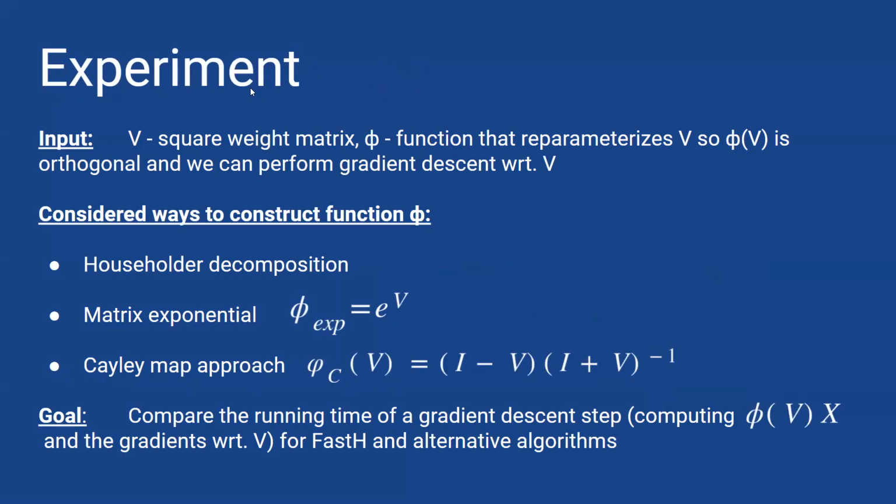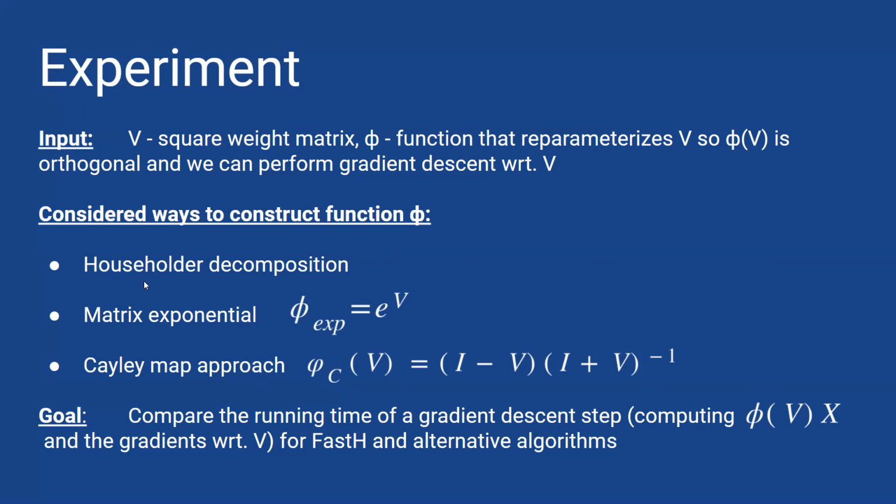In the first experiment, we consider the square weight matrix V. We also consider different functions phi that reparametrize our matrix V in such a way that phi of V is orthogonal and we can perform gradient descent with respect to V. We consider several ways to construct function phi.